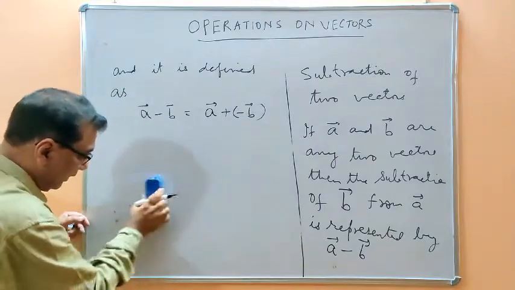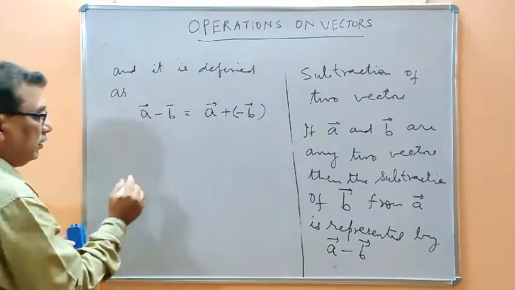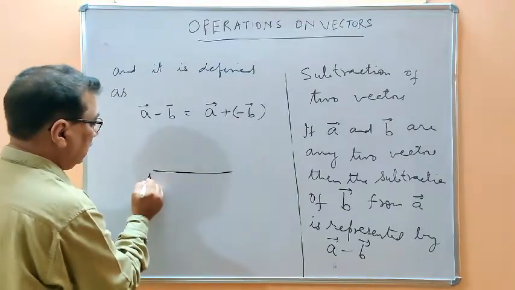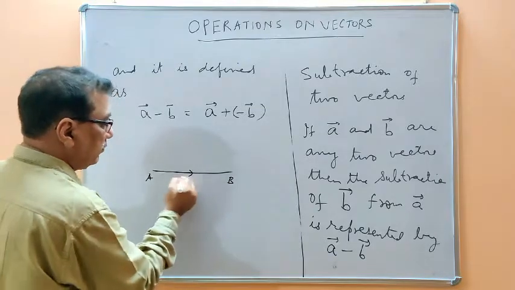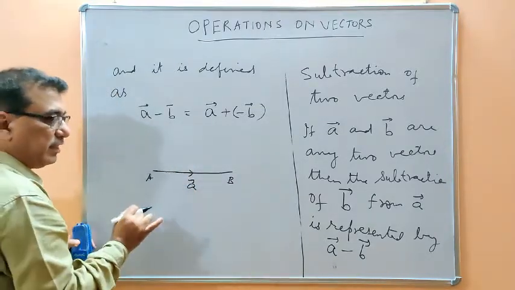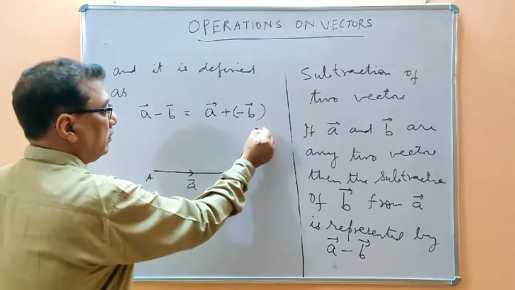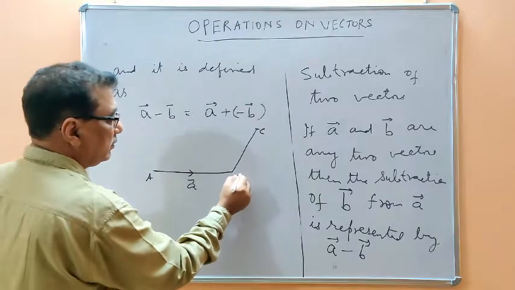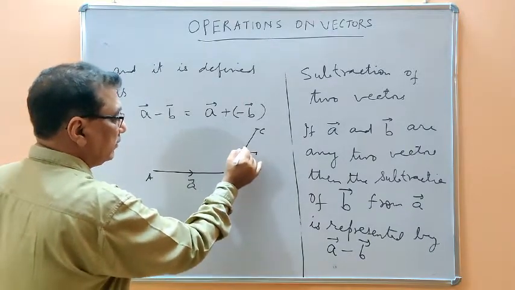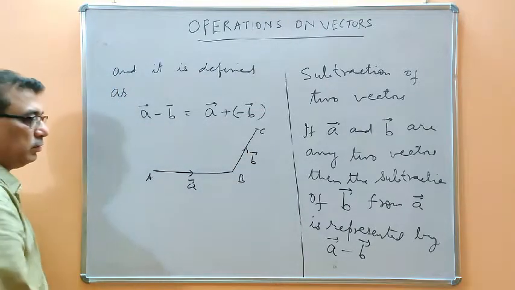Now, how can we show it by a figure? Suppose AB is a vector which represents vector A in terms of direction and magnitude both, and similarly BC is another vector which represents B in direction and magnitude both.